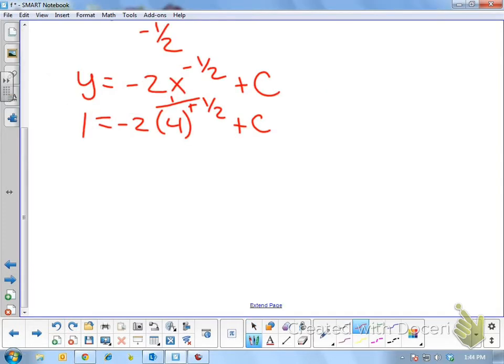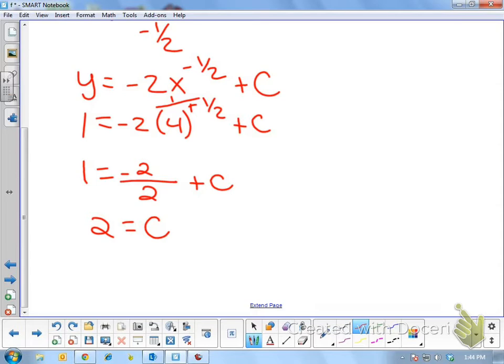man. 2, square root of 4. So we have 1 equals negative 2 over 2, or negative 1. Then we add 1 to both sides. So your first C is 2. Okay, so we got the first C was 2.